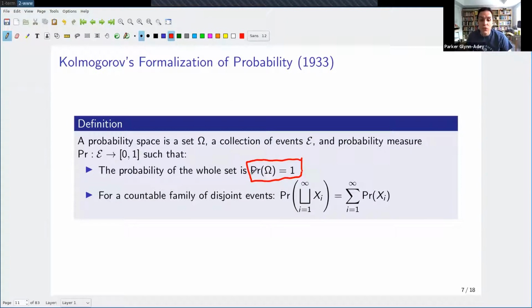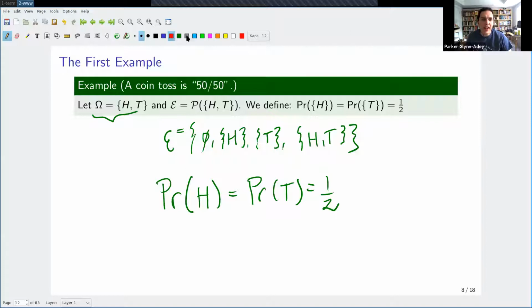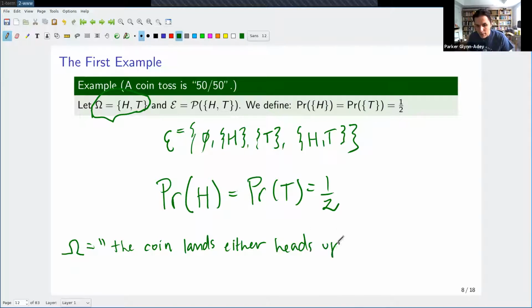We need to have this rule that the probability of the whole space is 1. So we need to have the whole space in there, right? This is our set omega. And that event, if we wanted to give it some reasonable description, would be: the coin lands either heads up or tails up.